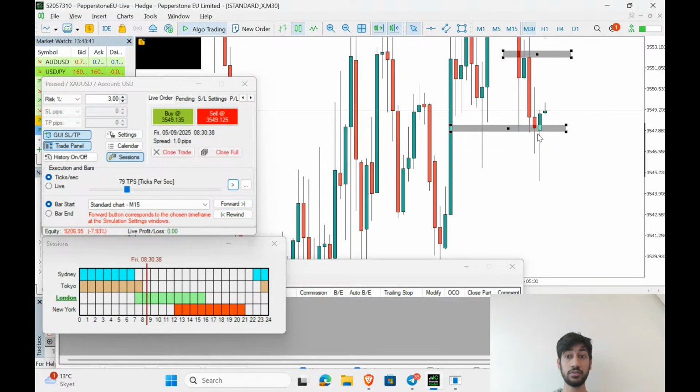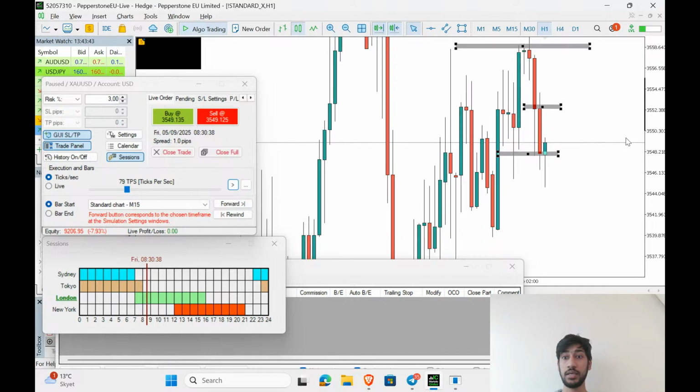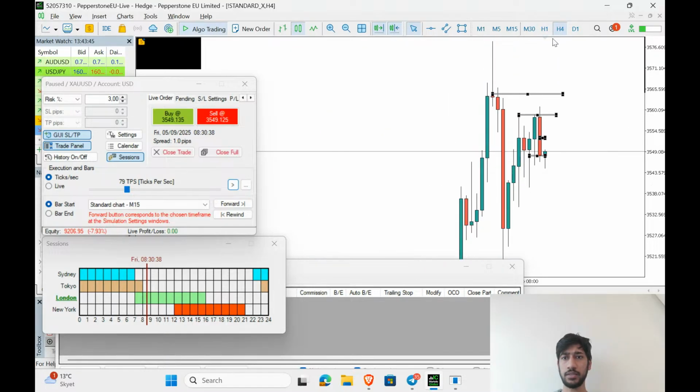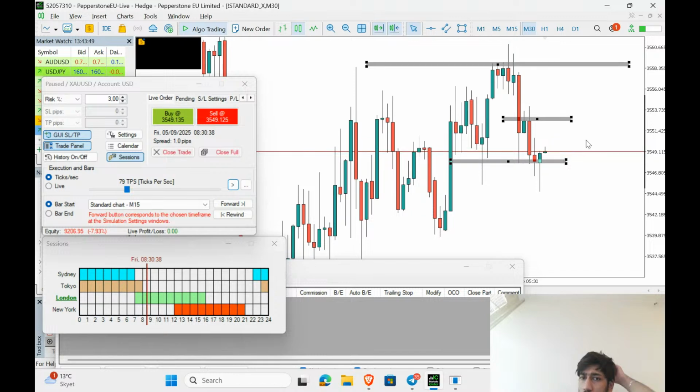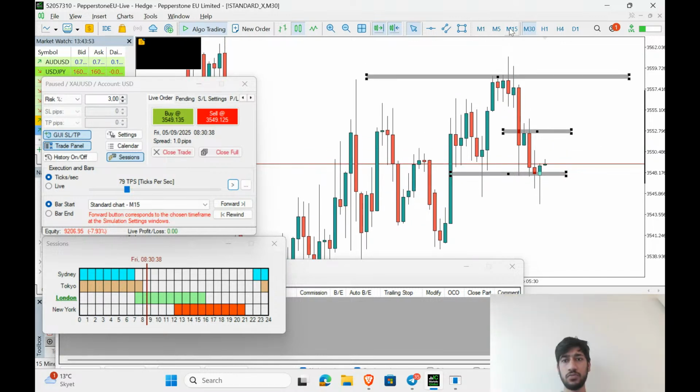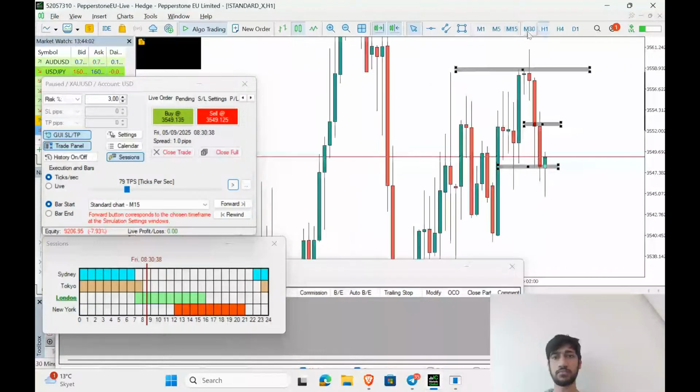Shit. See, H4 we are bearish. H1 we are bullish. M30 we are coming down. We formed support on M30, right? We have a clean range. M15 we got rejections.